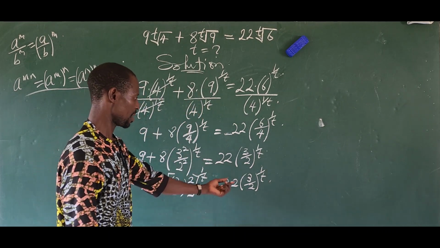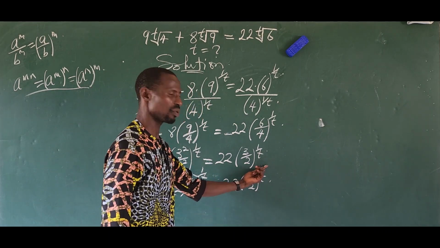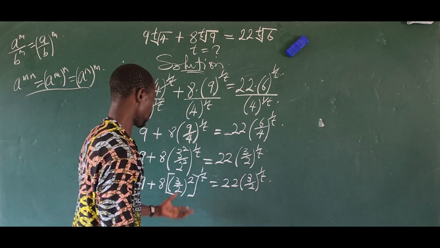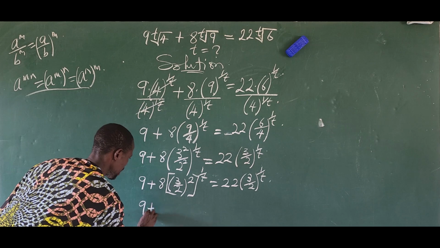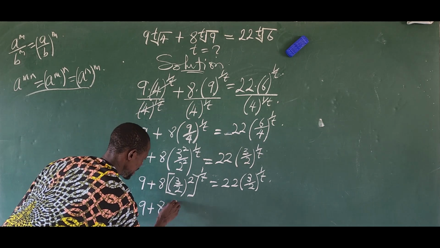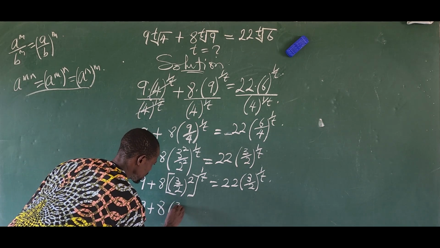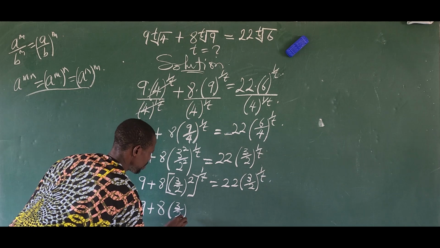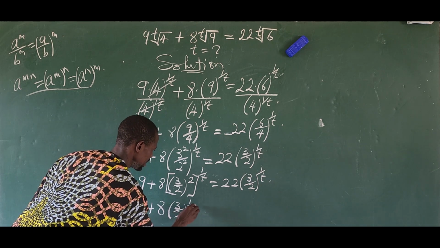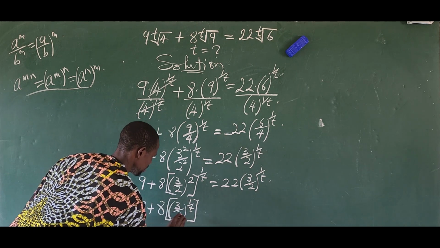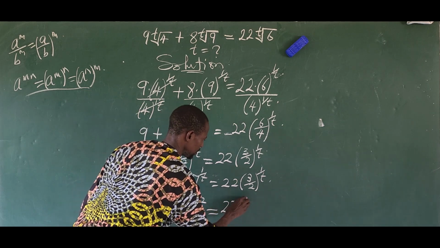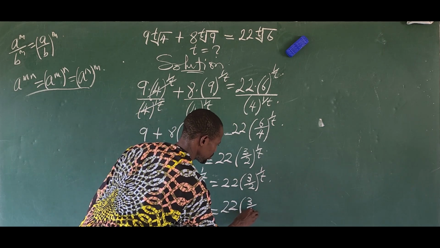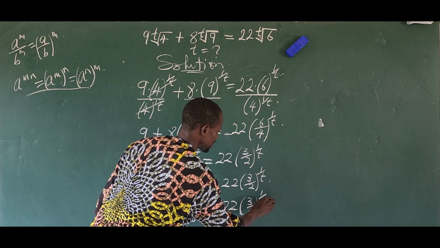Why are we doing that? Because we have 3 over 2 raised to 1 over t here, so we want to bring that same quantity here. This gives us 9 plus 8 then into 3 over 2 all raised to 1 over t, all in square bracket raised to power 2. This is equal to 22 then into 3 over 2 all raised to 1 over t.